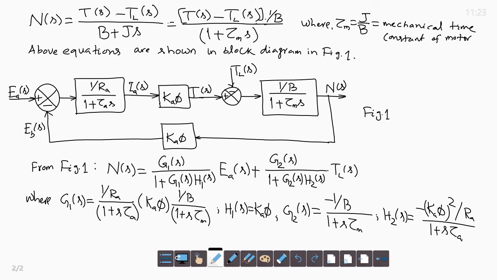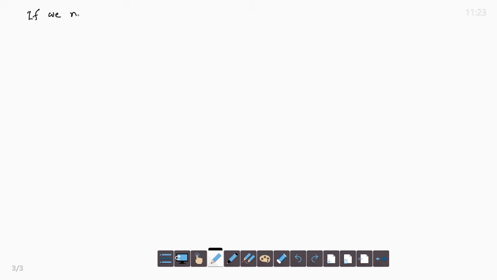So this gives the speed transfer functions, speed by armature voltage as well as speed by load torque. Let us neglect the load torque term for now.